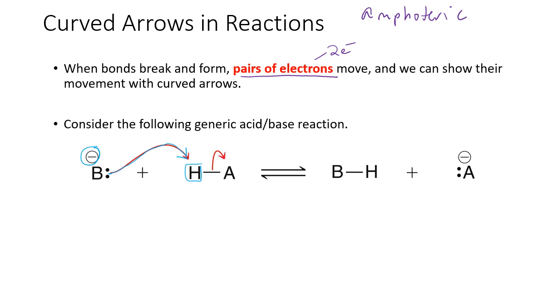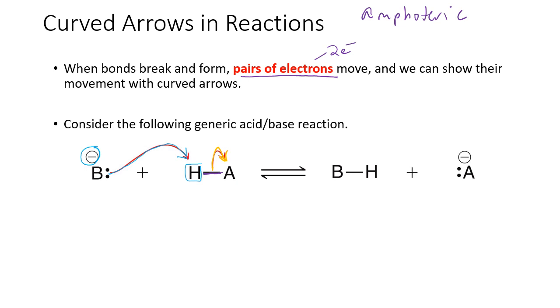And then, as we saw, the electrons in that covalent bond between the proton of the acid and whatever else it's bonded to, here we're just generically saying it's bonded to A, that bond has to break because the base is just grabbing the proton. So the 2 electrons in that covalent bond go to the other part of the acid, so A in this case.